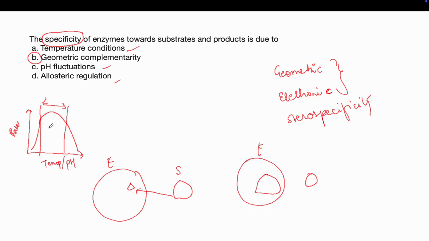Similarly, allosteric regulation could be either positive or negative, and it tells us how the reaction can be positively or negatively regulated. They will not tell us about the specificity or how the substrate binds to the enzyme.